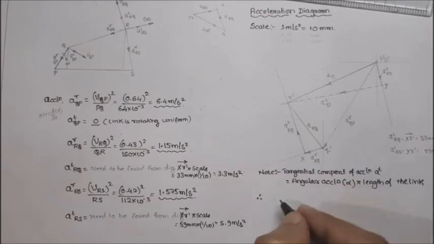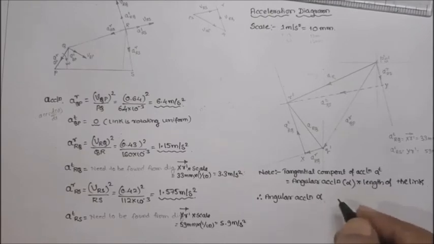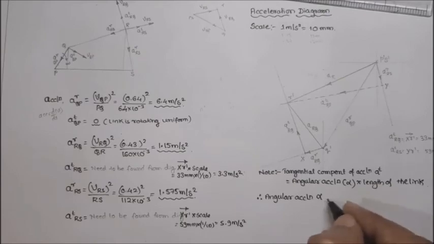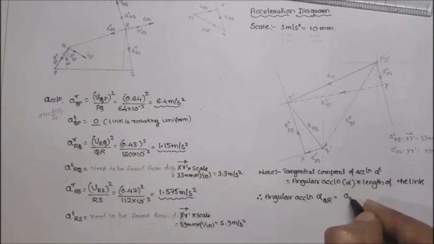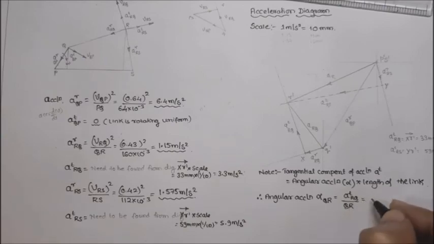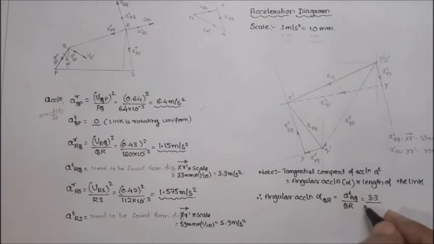Therefore, angular acceleration, which we denote by alpha, for QR is equal to the tangential component of RQ or QR, divided by the length of the link QR. The tangential component we have already got as 3.3, and the length of the link QR, which is given in our data, is 160 mm, so 160 into 10 to the power minus 3.